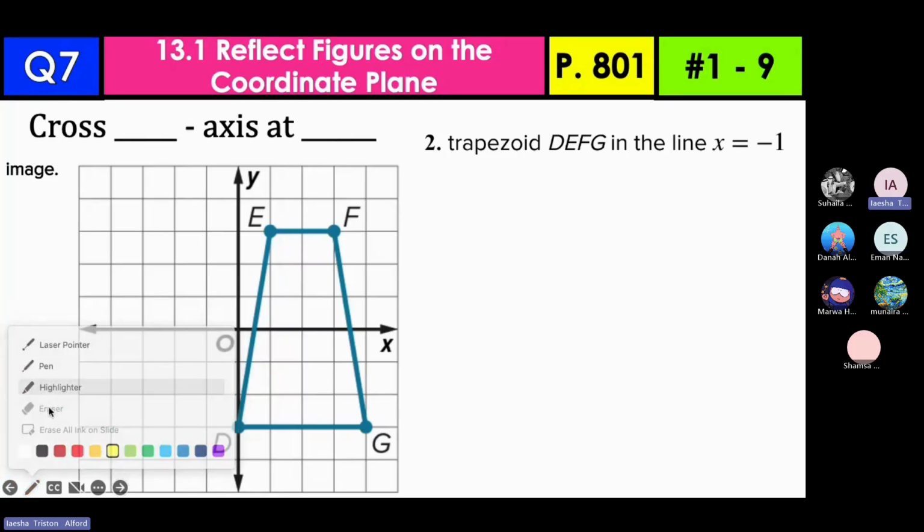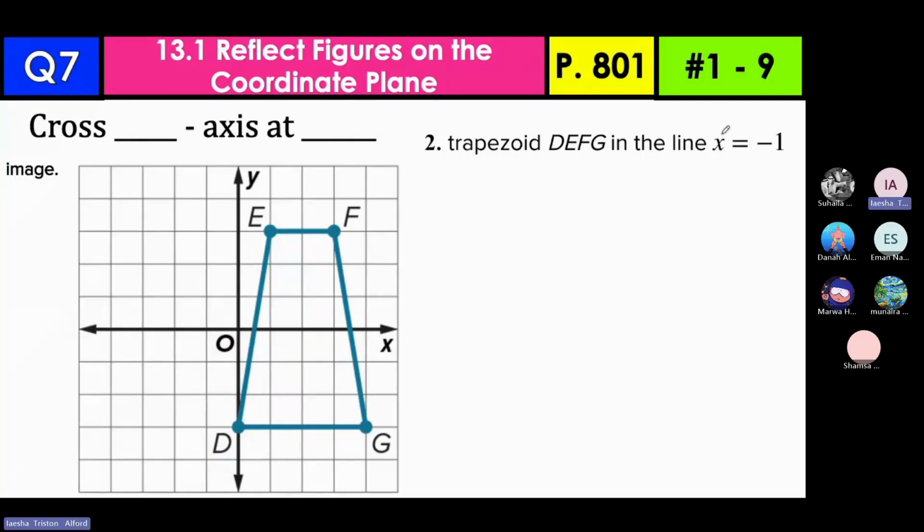Okay, sorry, let me grab the highlighter. So this one, we're flipping over, jumping over that x-axis at what number? -1. So we go to the x-axis, we put a point at -1, and we put what kind of line? Vertical. So then you make the vertical line.